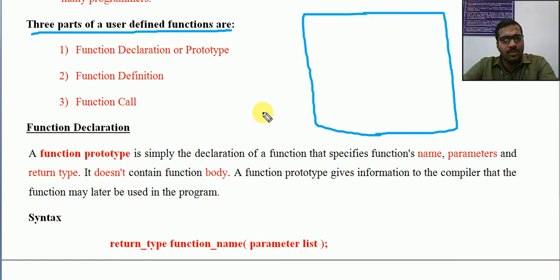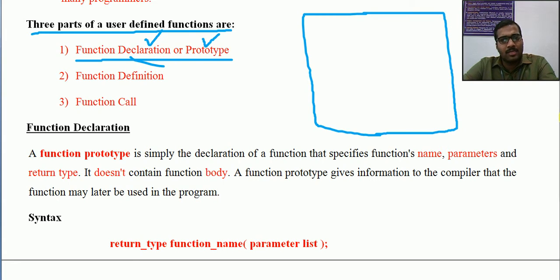A user defined function has three major parts. The first portion is called function declaration or function prototype. Remember these two very important names.